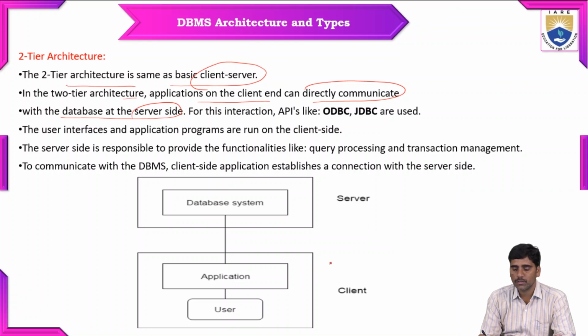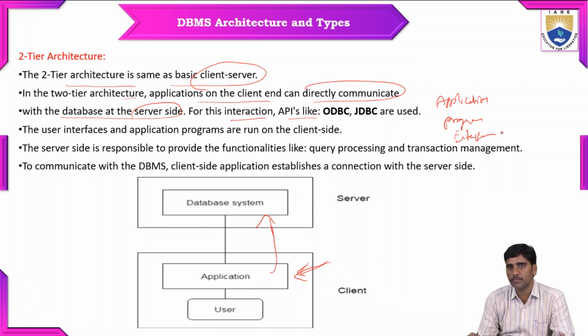Applications on the client side directly communicate with the database at the server side. For these interactions, we can use tools like APIs, application program interfaces, in between the users and the database system.